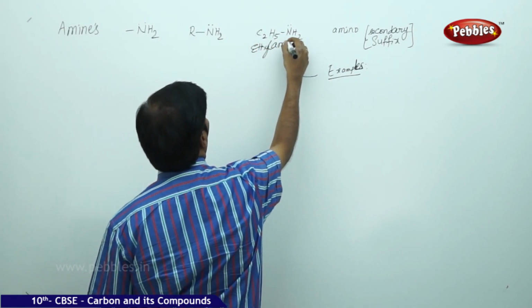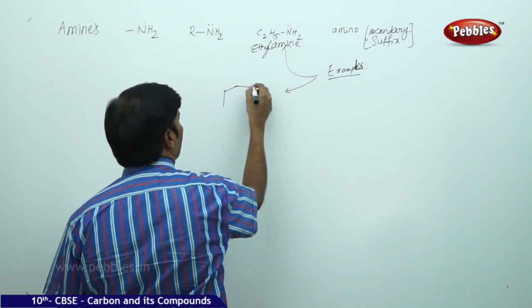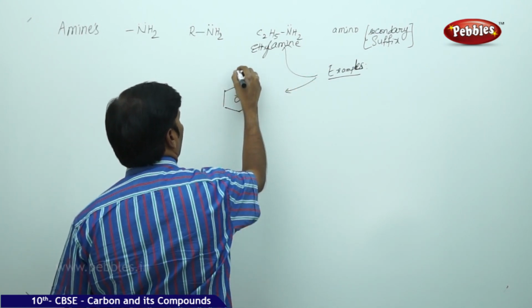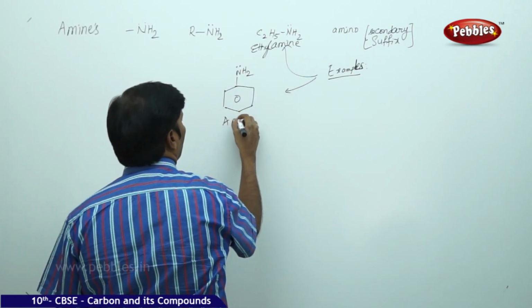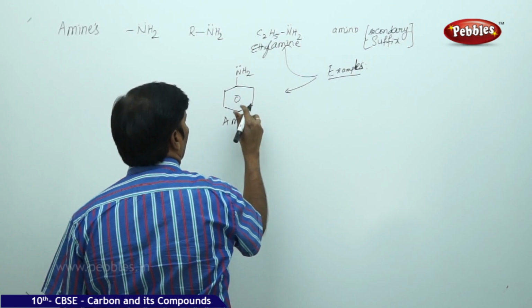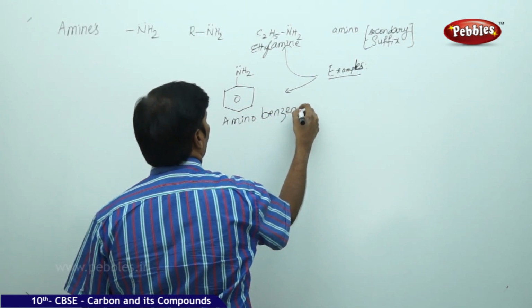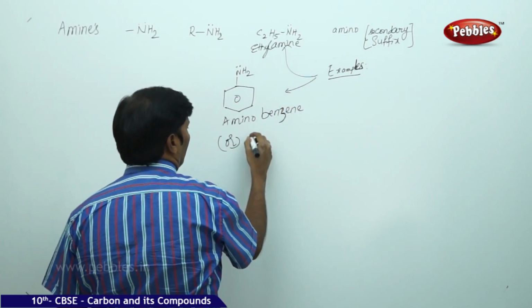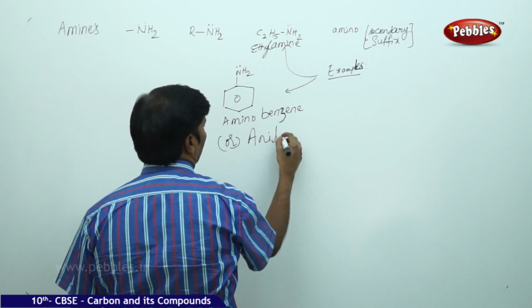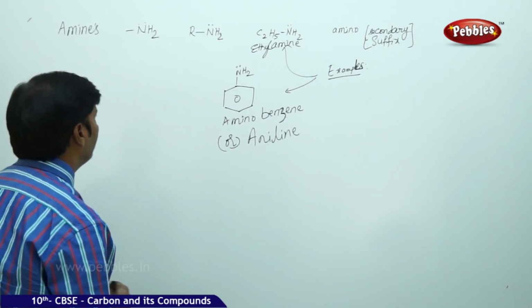You can even take a few more examples, like this, which is called aminobenzene, or sometimes you can also call it aniline.